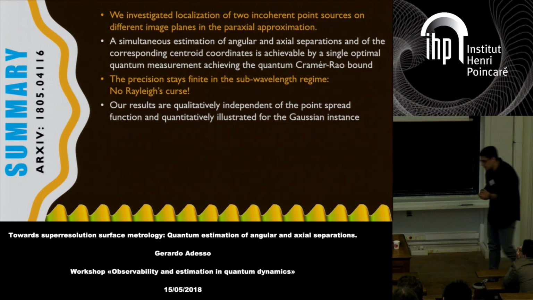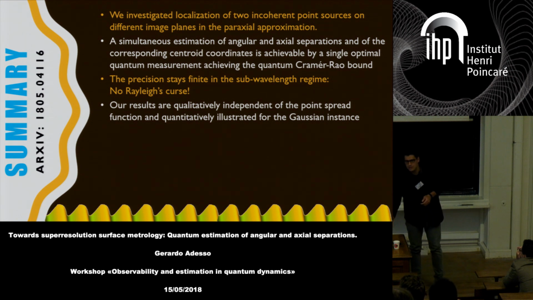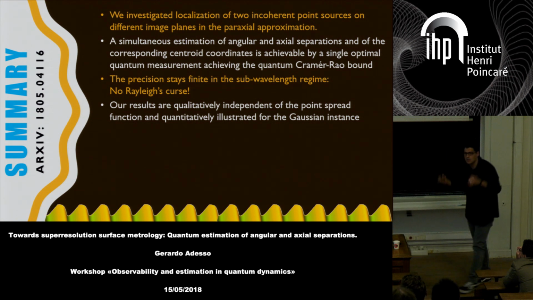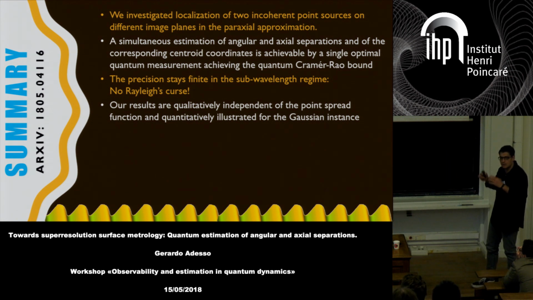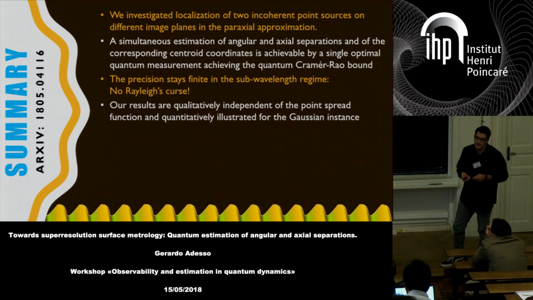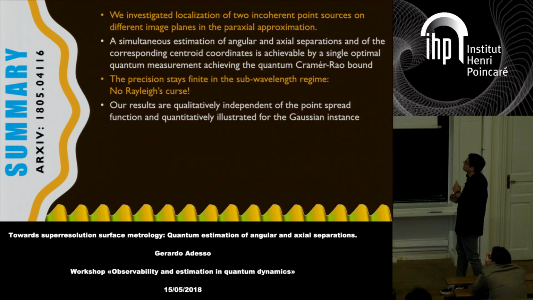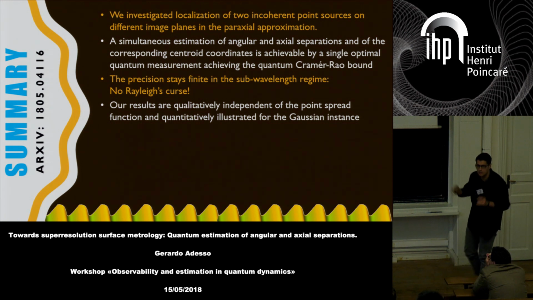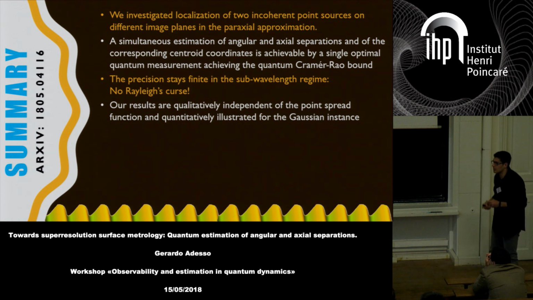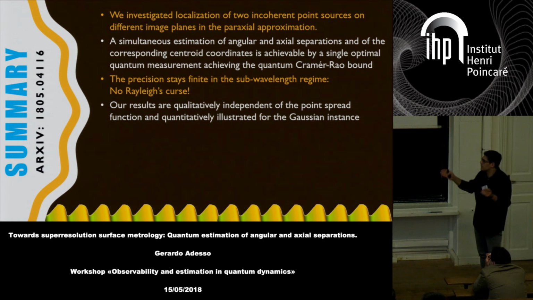And then, interestingly, we show that simultaneous estimation of all these parameters is possible with a single optimal quantum measurement that is yet to be determined. It asymptotically saturates the quantum Cramer-Rao bound, and there's no Rayleigh curse in any of them. So the estimation remains with finite precision even when they are arbitrarily close to each other. Actually, in that limit, there's even a gain in resources because the parameters become statistically independent.